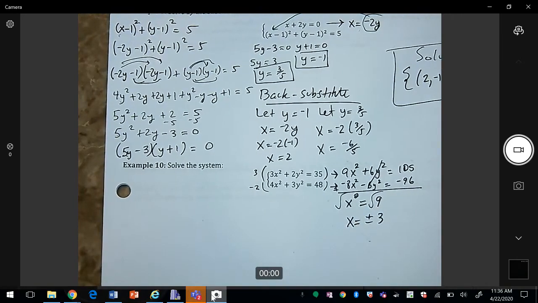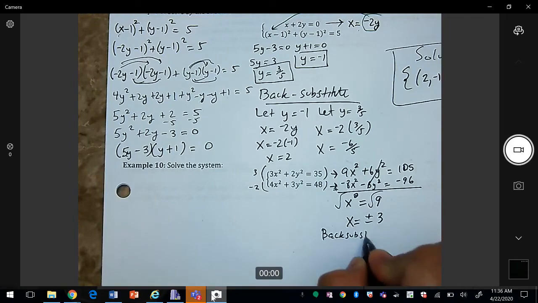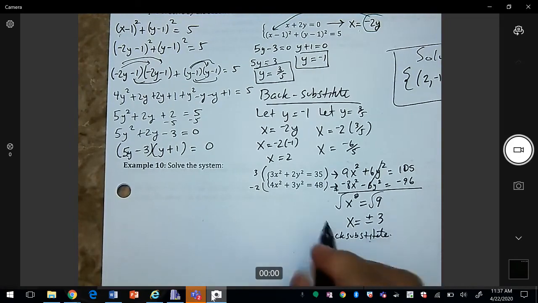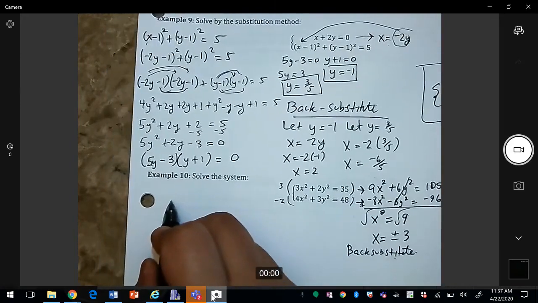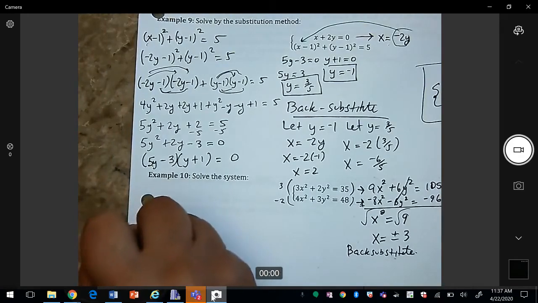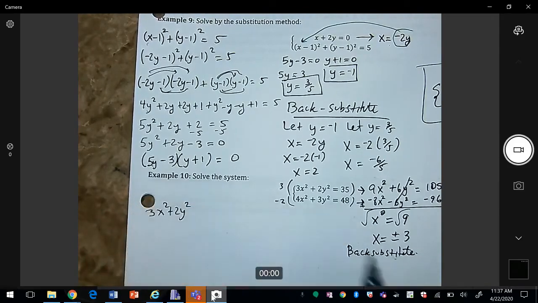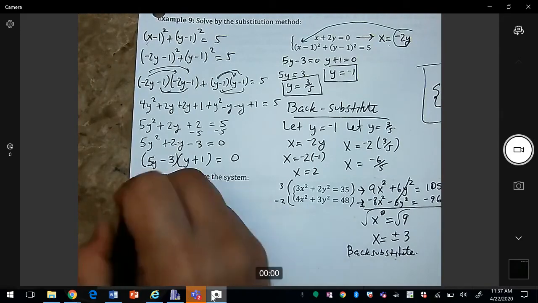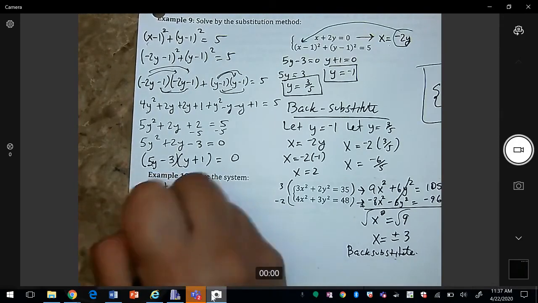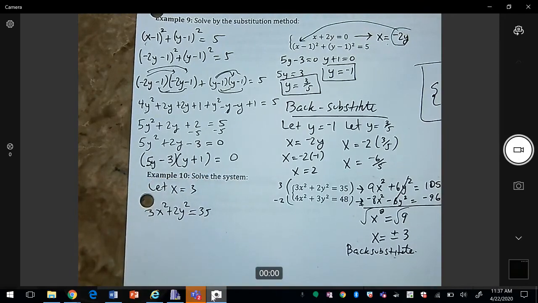So now we need to back substitute to solve for y. So I'm going to do that up here. So we can pick any equation. I'm going to pick the first one, 3x squared plus 2y squared equals 35. And I'm going to let x equal 3 first.